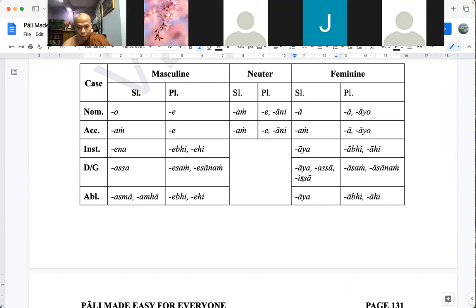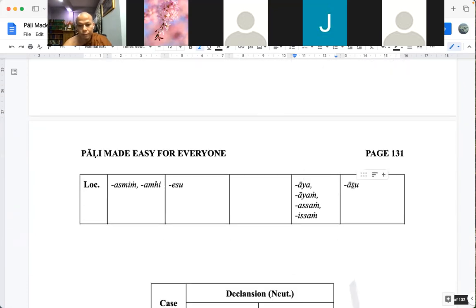So we have these special forms within the bracket.